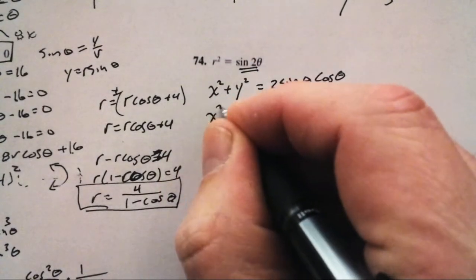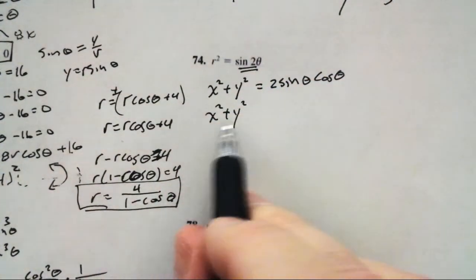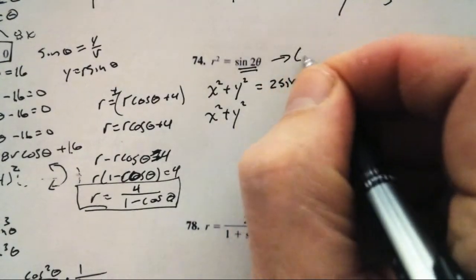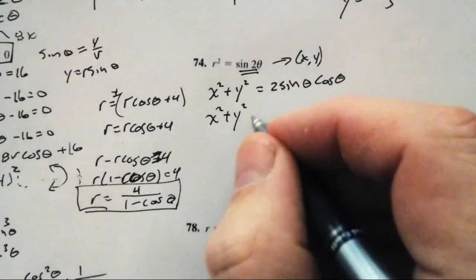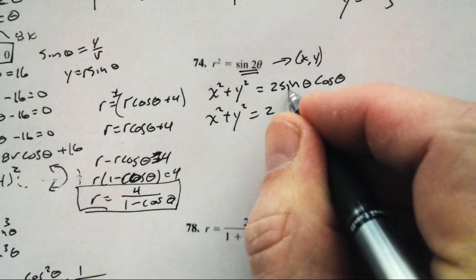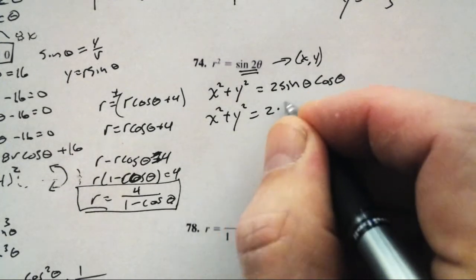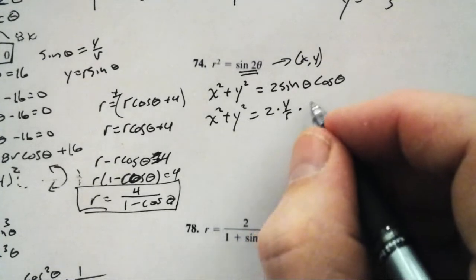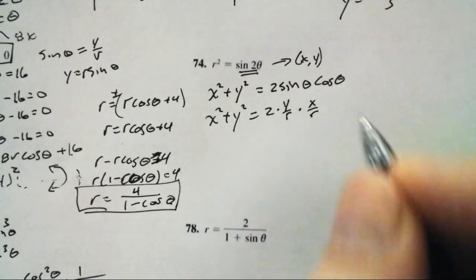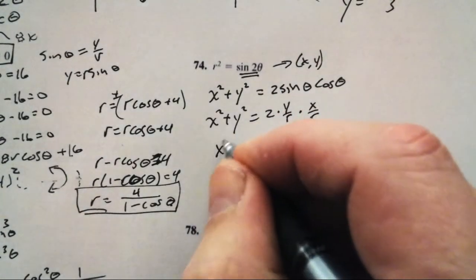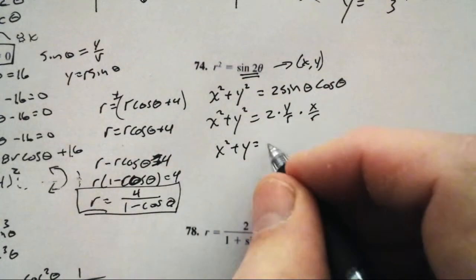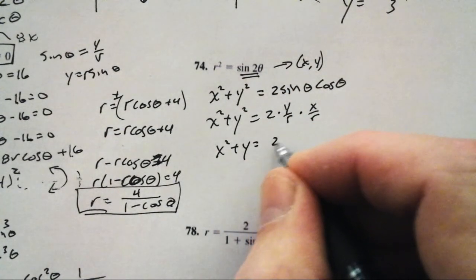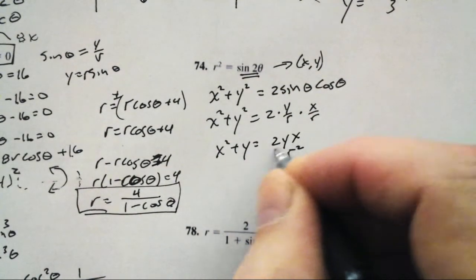So let's see. This is x squared plus y squared. I like that. We're going to x's and y's here, so that's good. So this is 2 sine theta, which is y on r, cosine theta, which is x on r. So I get x squared plus y squared equals 2yx on r squared.